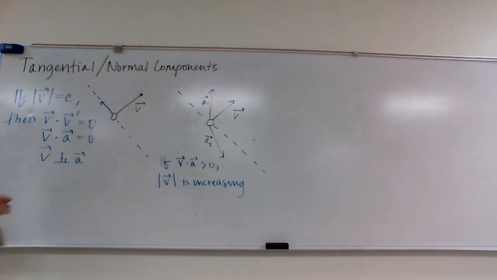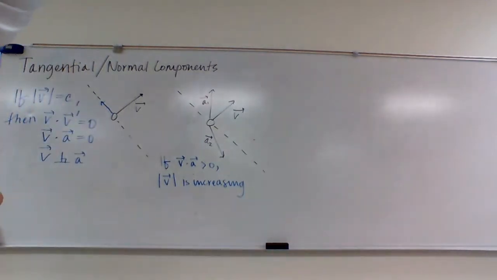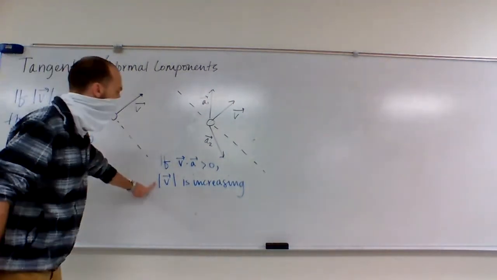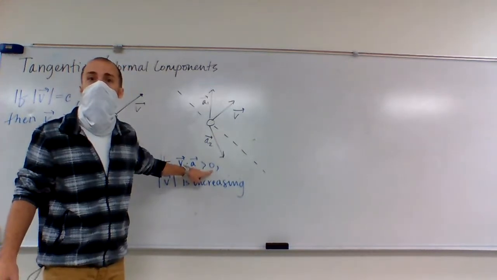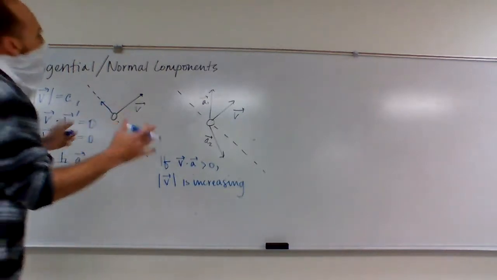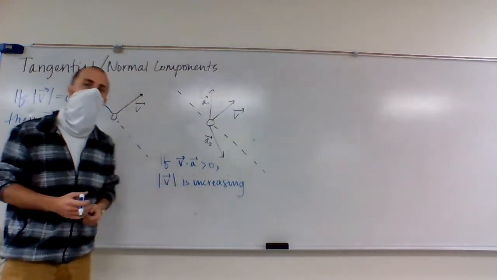But we know from linear algebra, or maybe pre-calculus if you really intensely studied vectors, that because of the cosine property, this is the same as saying that the angle between v and a is acute. If the dot product is positive, that means that the angle between the two vectors is less than 90 degrees. Okay, so I see that right here, the angle between the two is less than 90 degrees. So this is confirming what I had suspected.